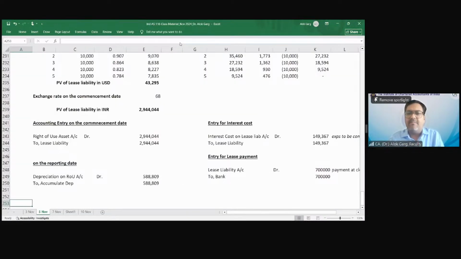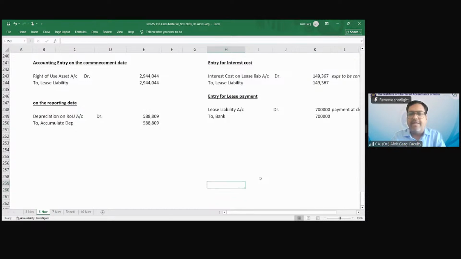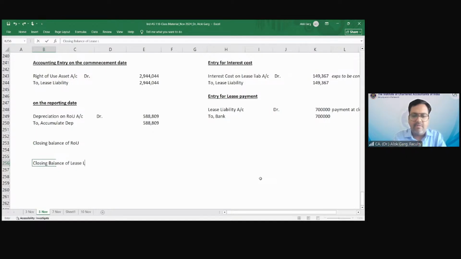So let me also write, in this question, what is my closing balance of ROU and closing balance of lease liability, right? What is my closing balance of ROU? This minus depreciation.